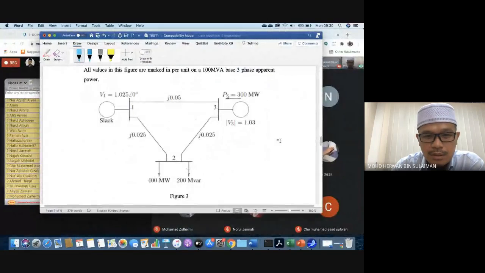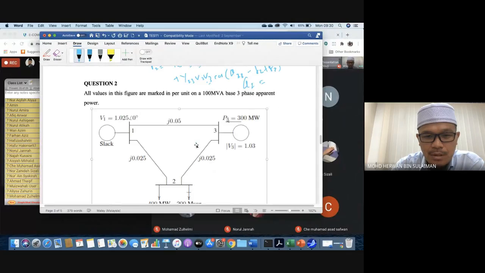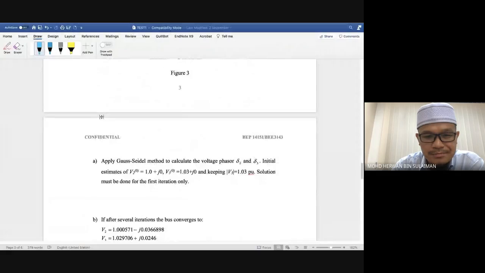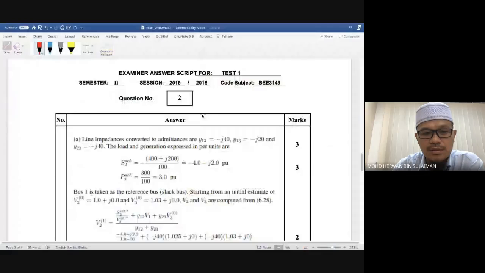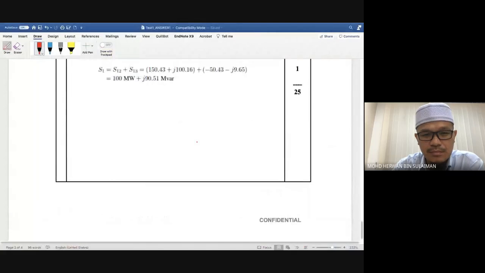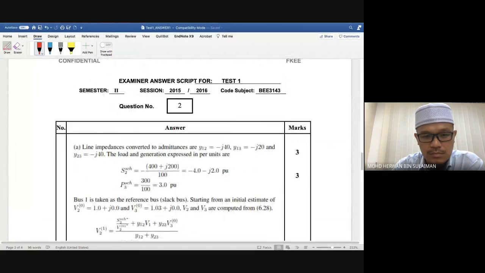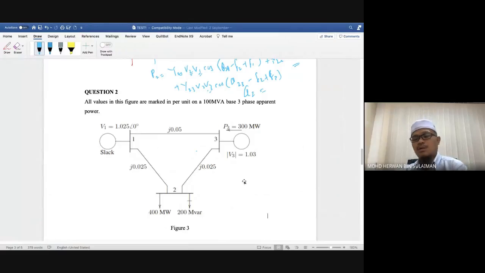Okay, ni soalan Gauss Seidel ada PV bus. So you kena training lah. Contoh lah, ni soalan dia. Part 2, 3. Itulah. So you have value is marked.